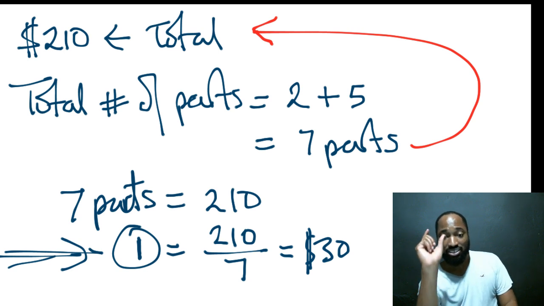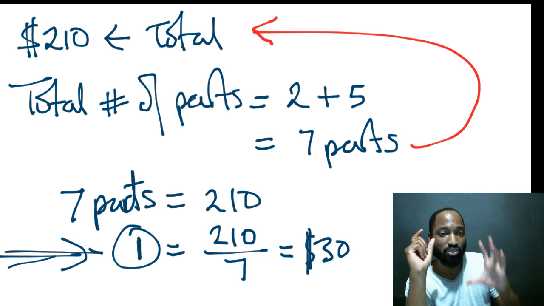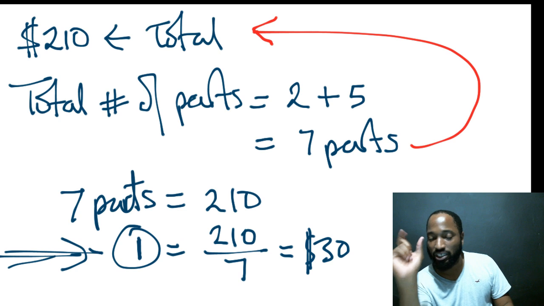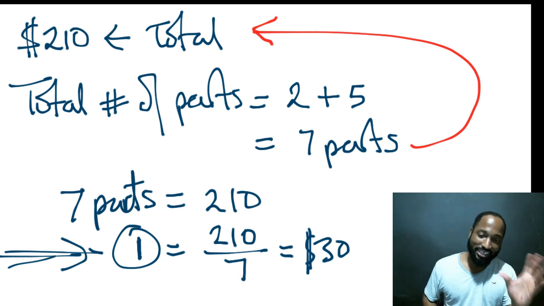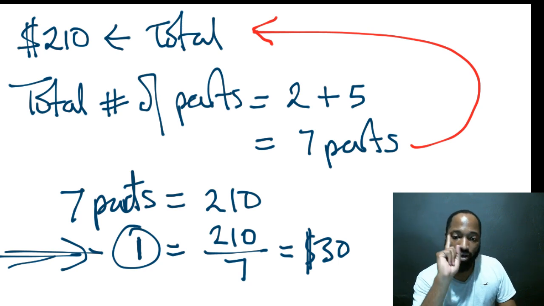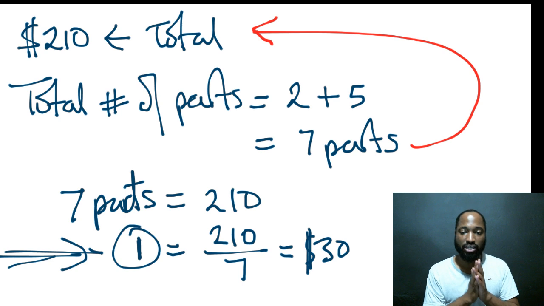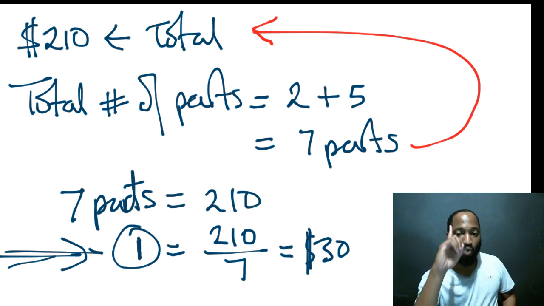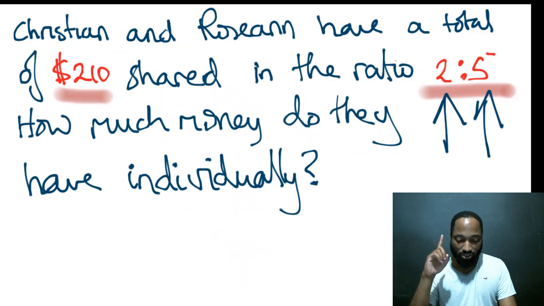I need to take the 210 and divide it by that 7. Why? Because this 7 represents the total parts, and the 210 is the total. So to find for 1 part, I say 210 divided by 7, and I'll find out how much 1 part represents.